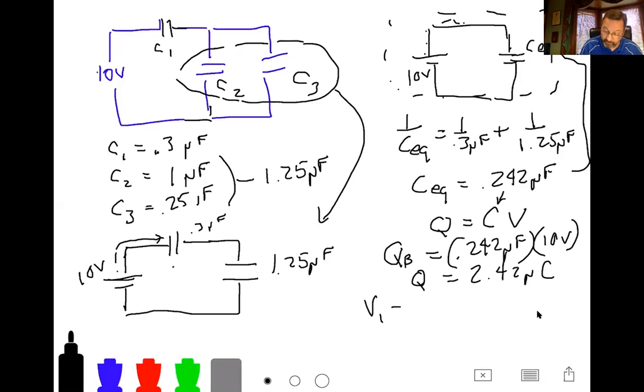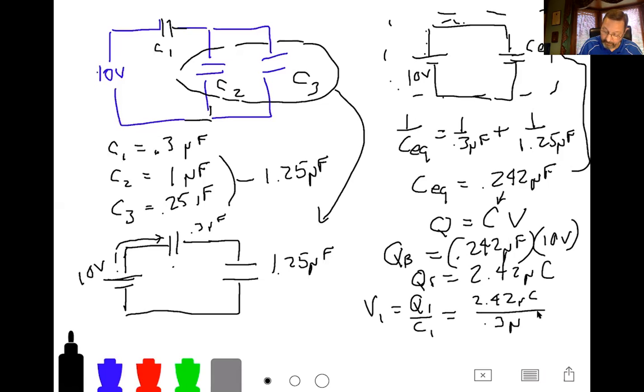Well, the voltage across capacitor 1 is the charge on capacitor 1, which I just figured out was 2.42 microcoulombs, divided by the capacitance of capacitor 1.